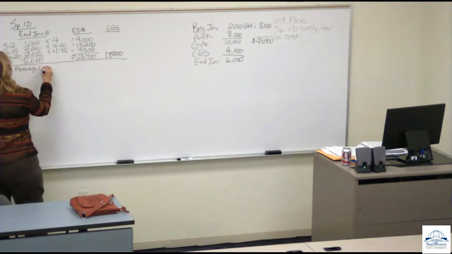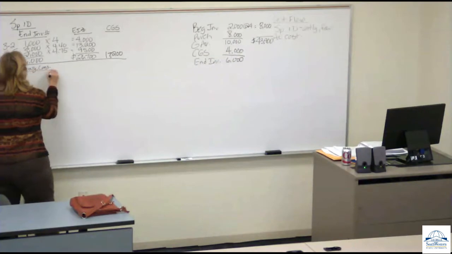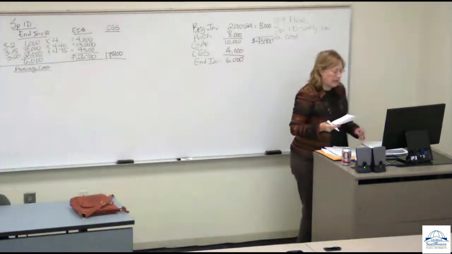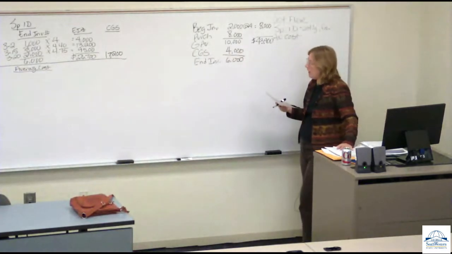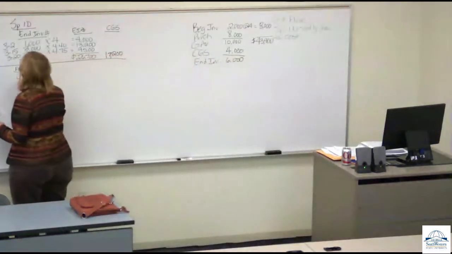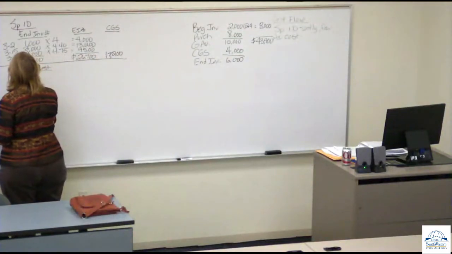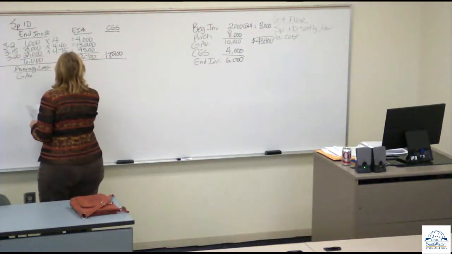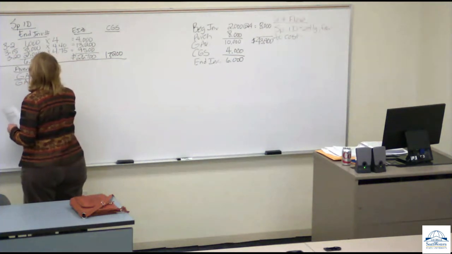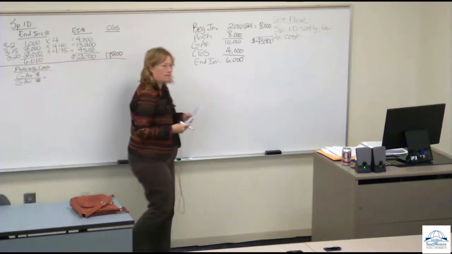So average cost, weighted average cost, whatever you want to call it. How do we calculate the average? We take our goods available in dollars, and we divide by our goods available in quantity.